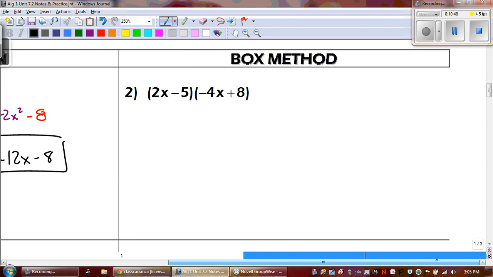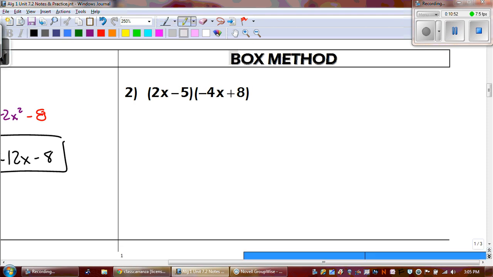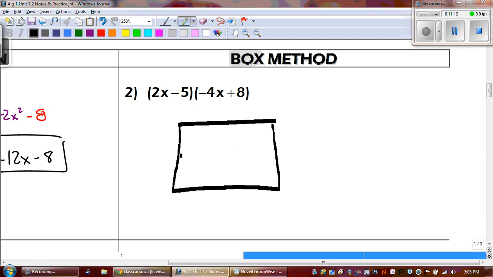All right, box method. I'm going to give you a hint. The box method involves us drawing a box. Now, we have a binomial times a binomial. So when I set that up, there's my box.